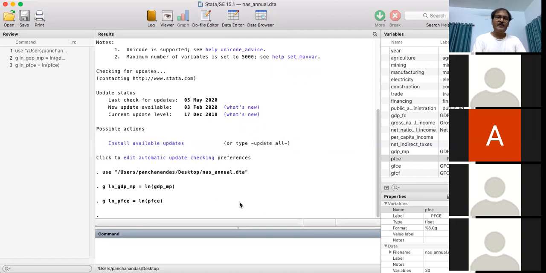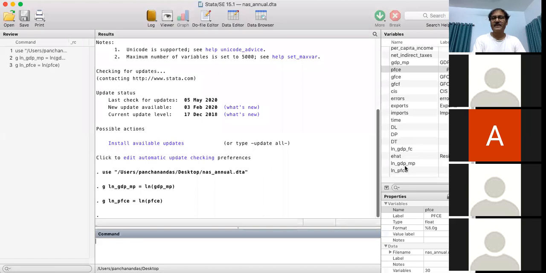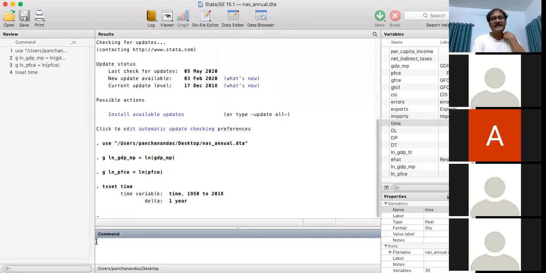Now, before starting any kind of time series exercise, you have to set your data as time series data. So for that purpose, you have to put a command tsset time. Because we have generated earlier the time variable.